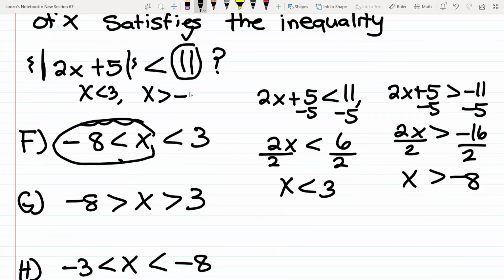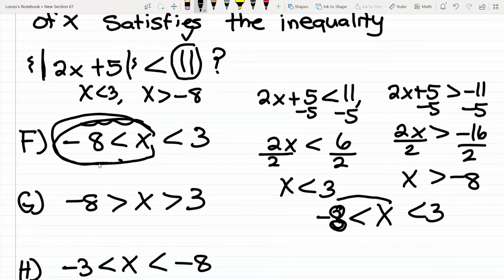It's greater than negative 8. So based on that information, I think that is the answer, right? So right here, this can also be expressed as x is less than 3, and then it's less than negative 8, because whoops, this is backwards, which is really the same thing as x is greater than negative 8. Okay, so that is something you have to remember. If it's in this form, this part is always backwards. So the correct answer is letter F.